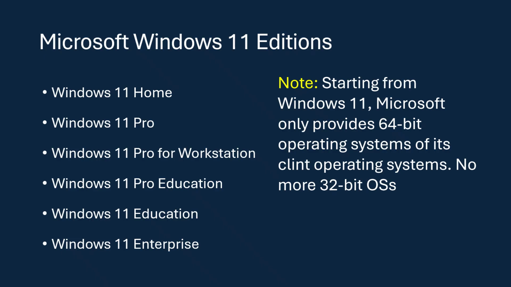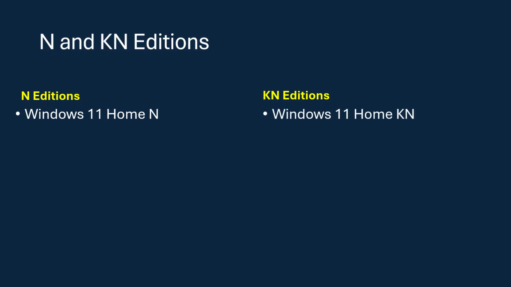Now we have some other, special editions known as N and KN editions. For example, we have Windows 11 Home, which is the normal edition that we talk about, but with the N. And there is another one called Windows 11 Home KN. So what are these two editions?